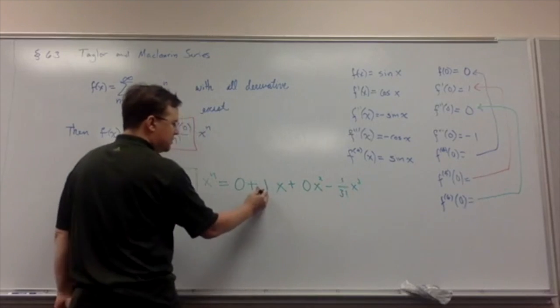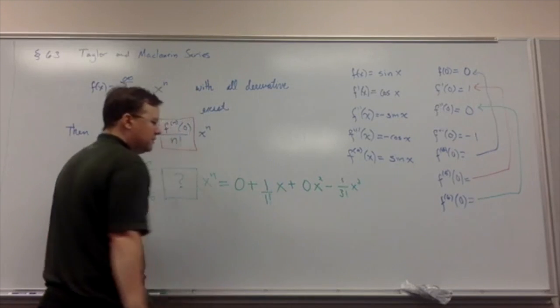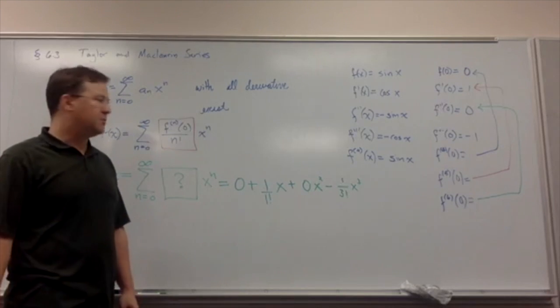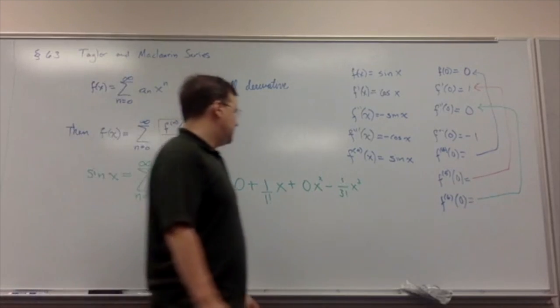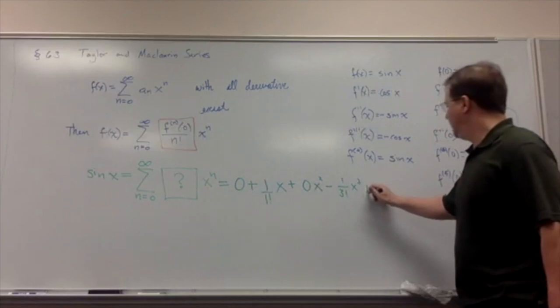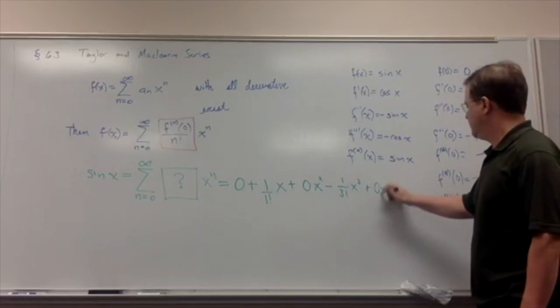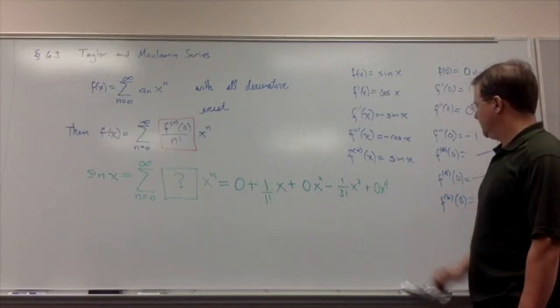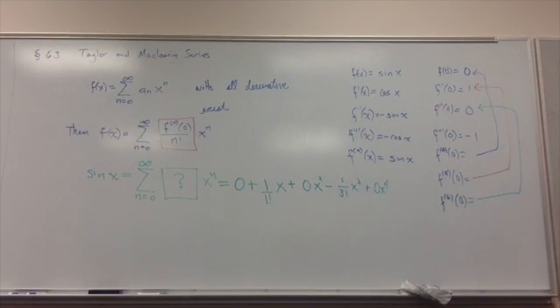Maybe I should leave this as 1 factorial; maybe it'll make the pattern jump out at me more easily. Then 0 x to the 4th. And then 1 over 5 factorial, x to the 5th.